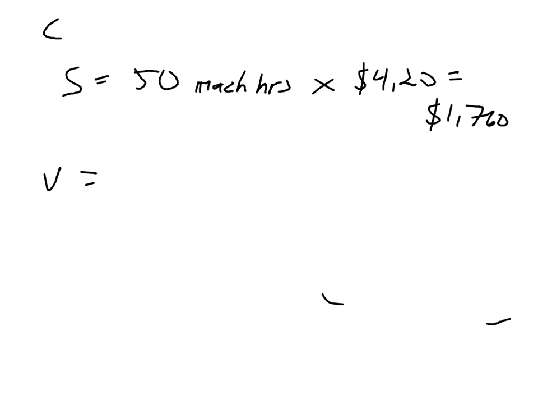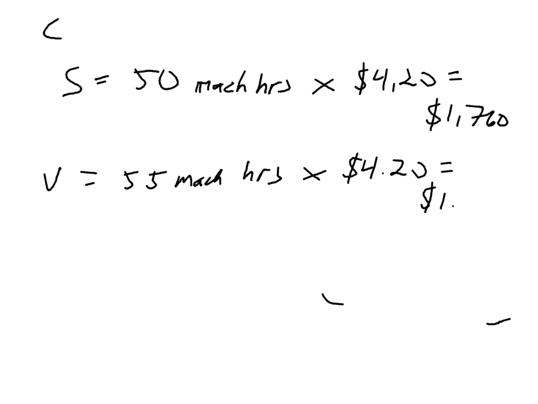For vanilla, the fact pattern says it takes 55 machine hours, times 4.20. That gives us 1,556. And then chocolate, we're going to allocate it based on direct labor hours.